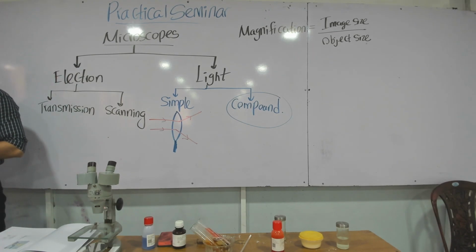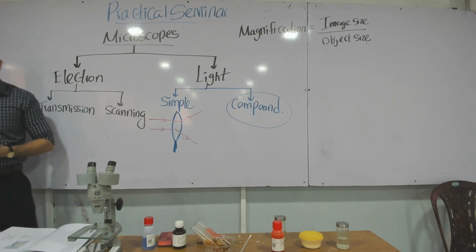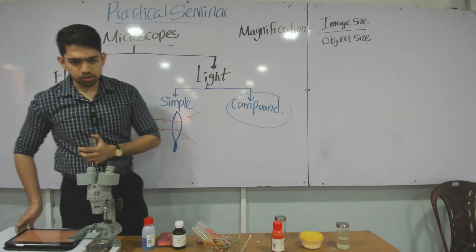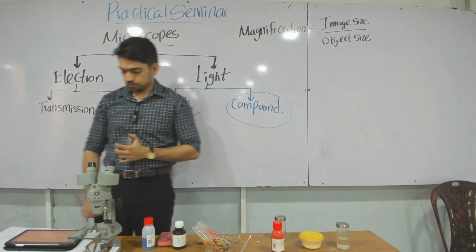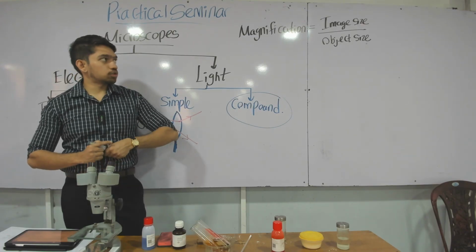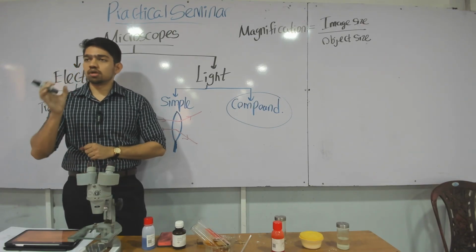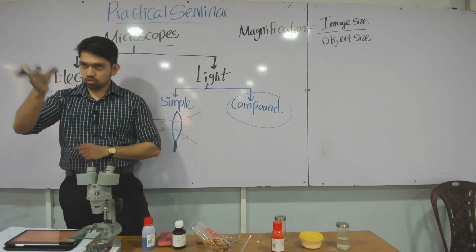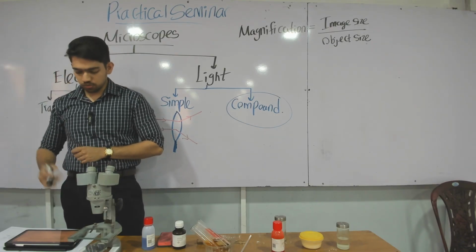Magnification is the ratio of an object's image size to its actual size. The image of the object produced, relative to the object's actual size. That is what you mean by magnification.